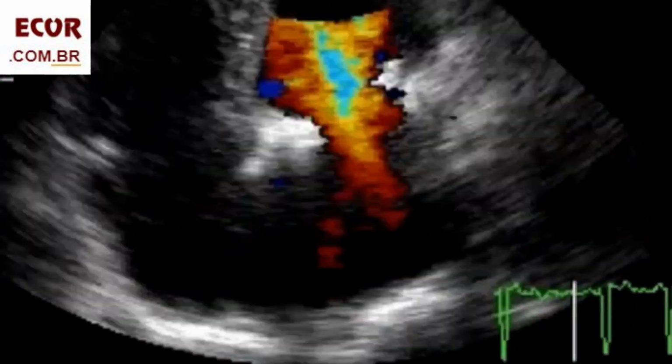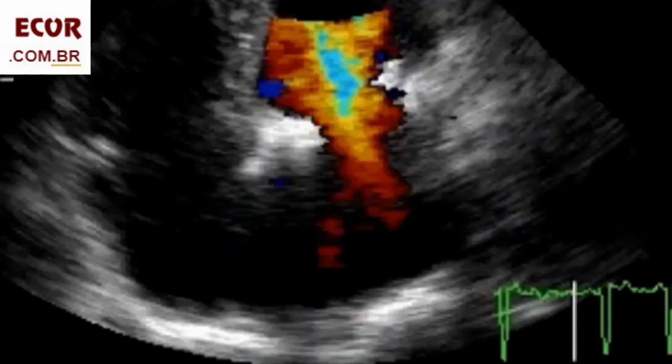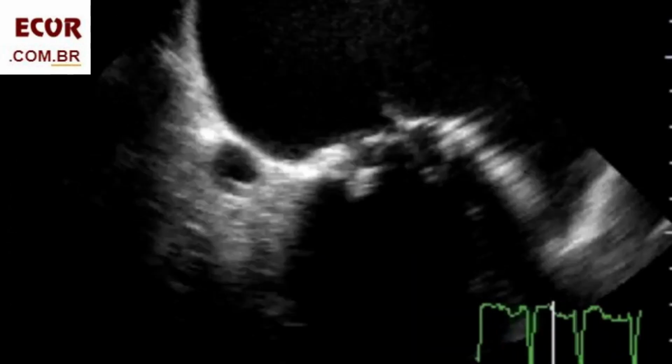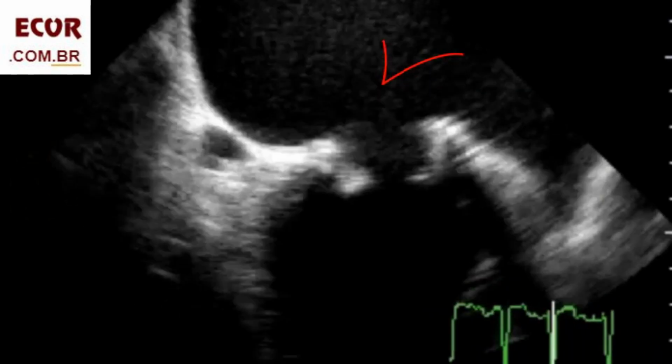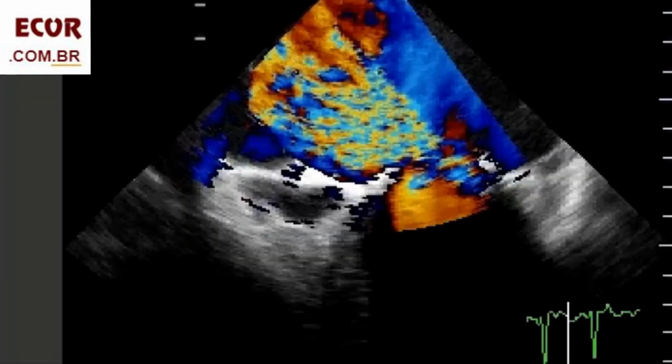There is a severe prosthetic regurgitation, and the turbulence is originating right behind the disc. TEE, same patient. Obvious rupture of this leaflet and a severe regurgitation through the ring and not by paravalvular region.